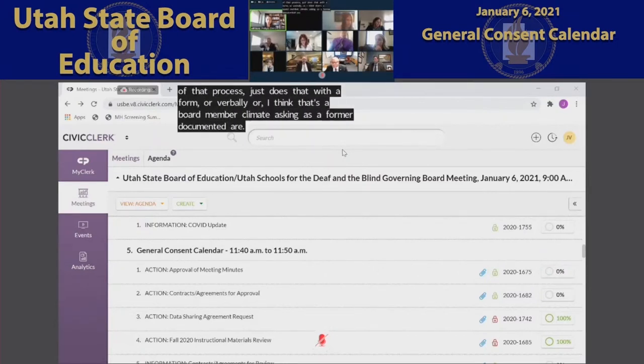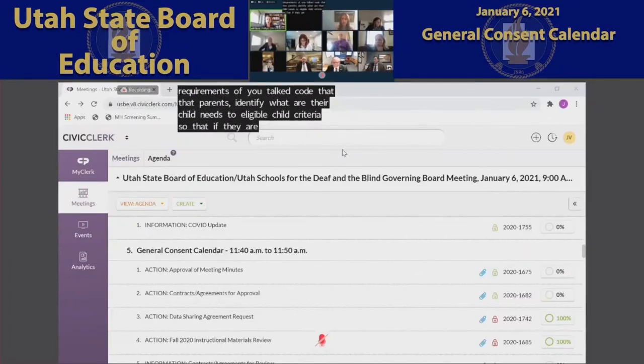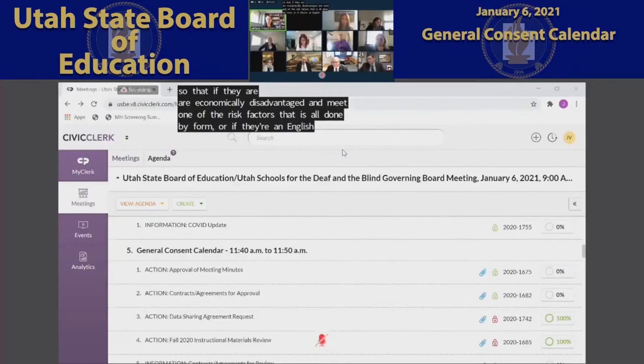So a lot of that onboarding is done by form, and I believe it's a verbal opt out, but when they enroll their children on the form, they're told that the PEEP assessment is part of what is administered at the program level. So there are forms involved. They can opt out verbally, but they do sign up at the start of the school year, understanding what those requirements are. I hope that helps.